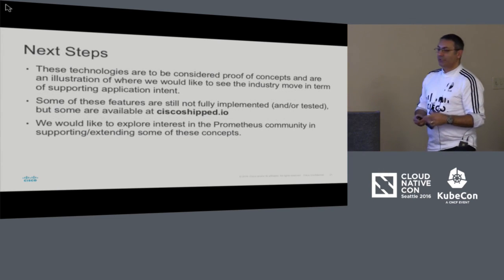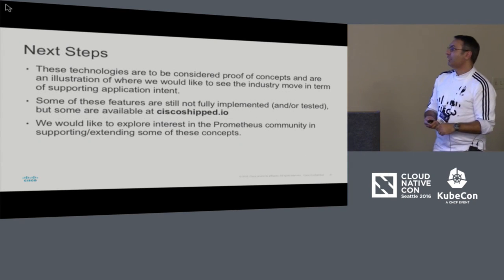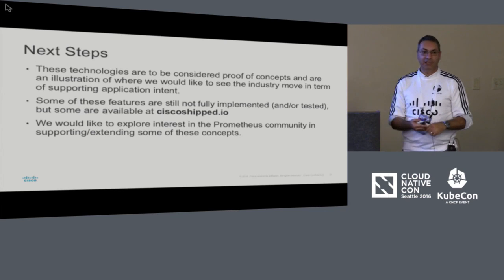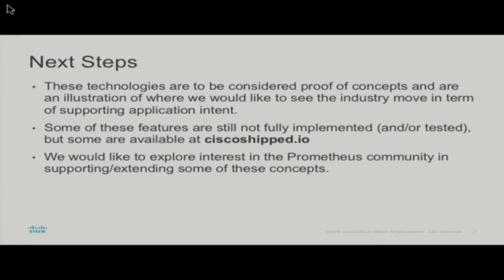So, next step. As Ken mentioned, this technology is a POC, meant to illustrate the capabilities and what we can do. What we're really looking for is to make this concept accepted in the industry and taken as a way forward for application owners and for defining high-level application descriptions.